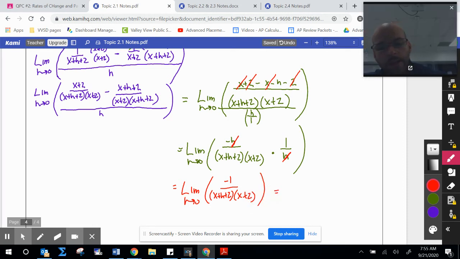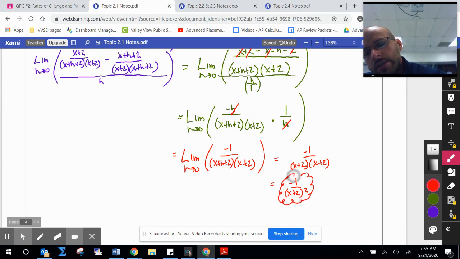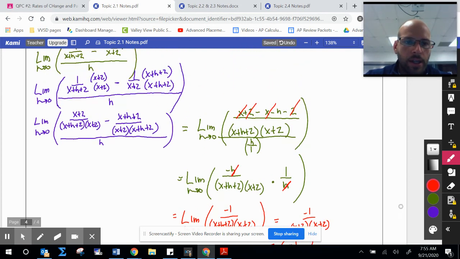And now if I evaluate that limit, I get a negative 1 over x plus h, which h is 0, so just an x plus 2. And I also have an x plus 2. So I would call this a negative 1 over x plus 2 squared. This is my derivative. Okay?